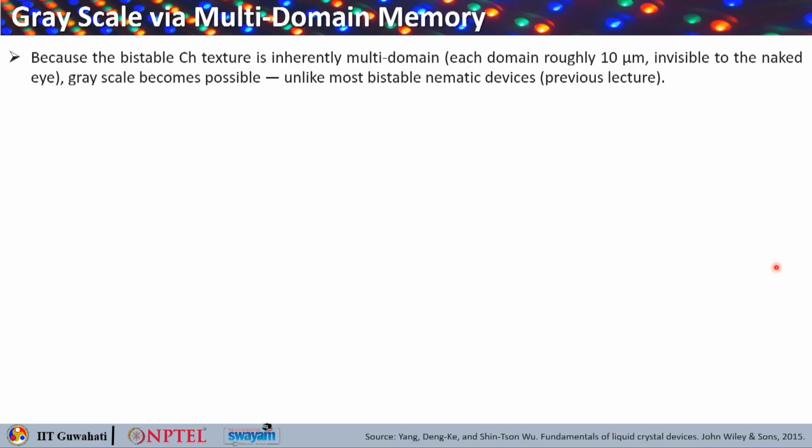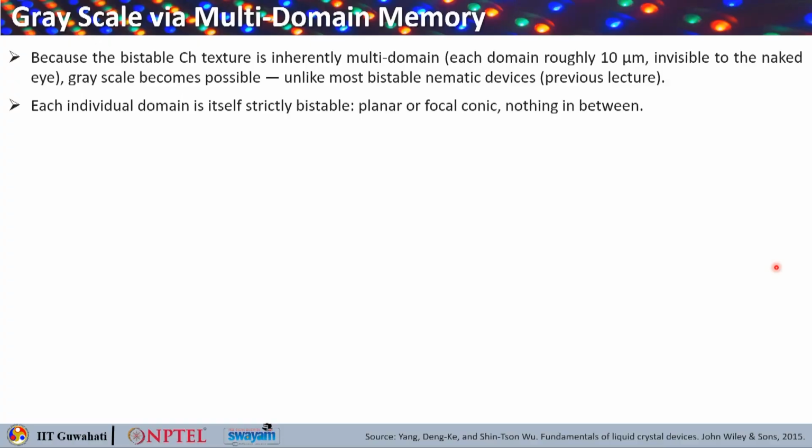Now let us look into how we can get grayscale via multi-domain memory. This is relevant because the bistable cholesteric texture is inherently multi-domain, where each domain is roughly 10 microns, which is invisible to the naked eye. That makes grayscale possible, unlike most bistable nematic devices considered previously.